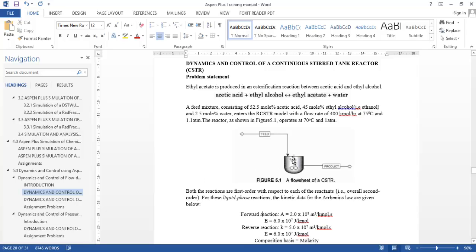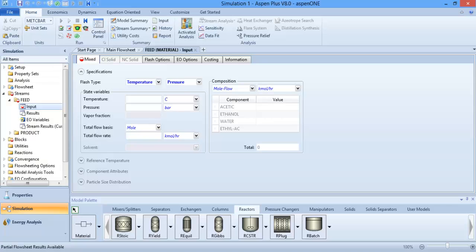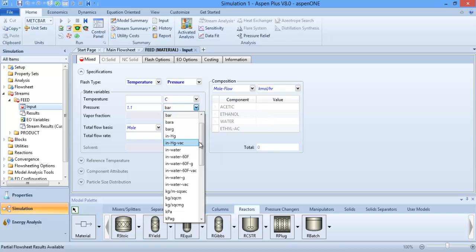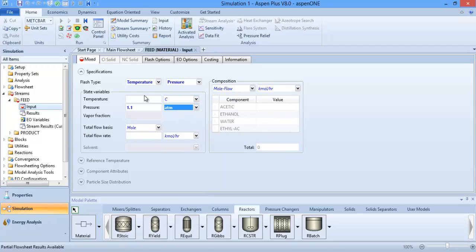The total flow rate is 400 kmol per hour at 75 degrees C and 1.1 atm.